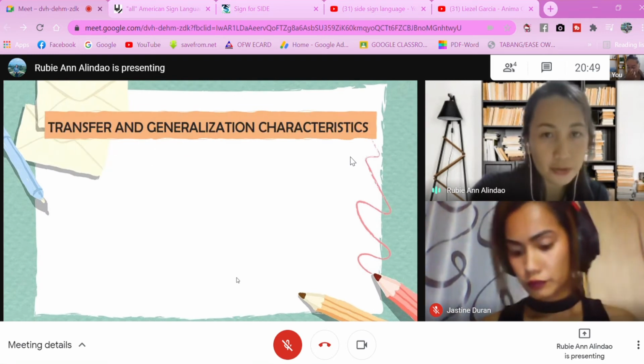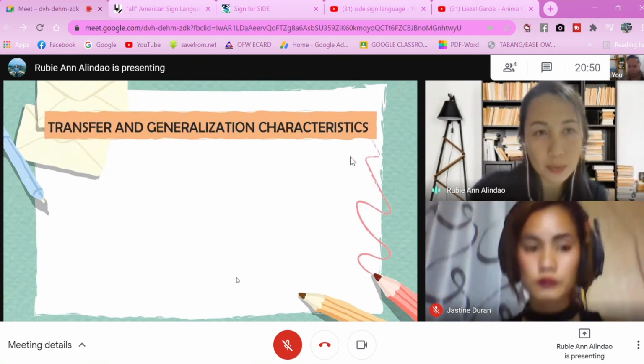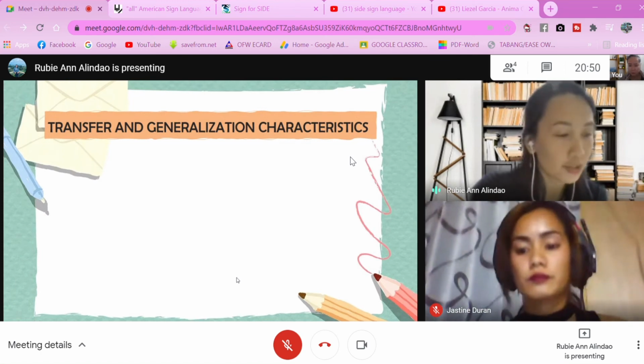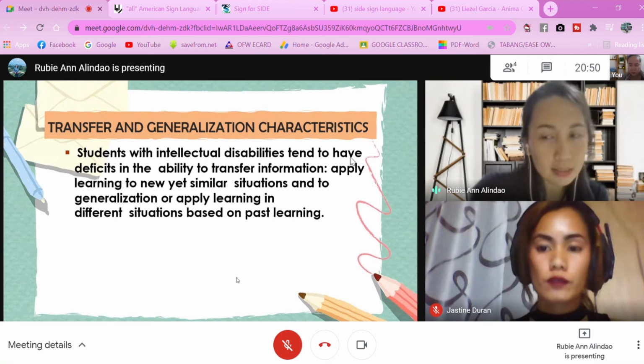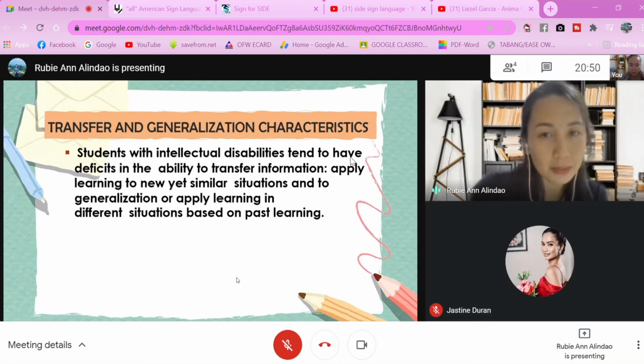For the next characteristics, we have transfer and generalization. Students with intellectual disabilities tend to have deficits in the ability to transfer information, to apply learning to new yet similar situations, and to generalize or apply learning in different situations based on past learning.